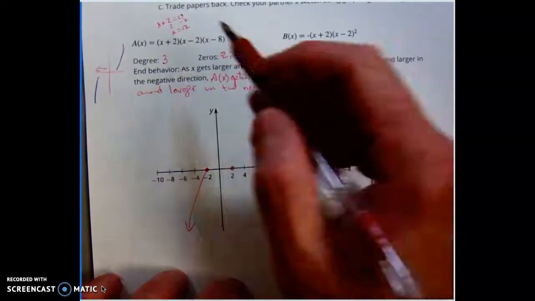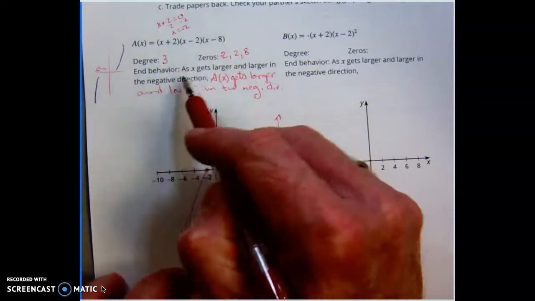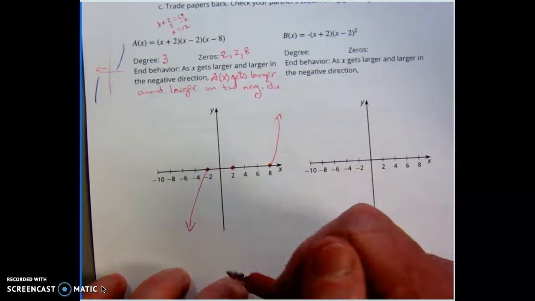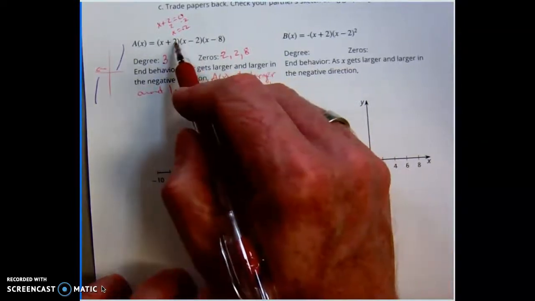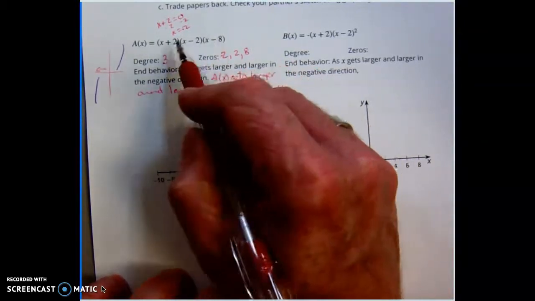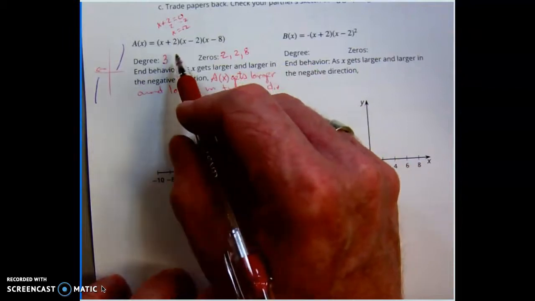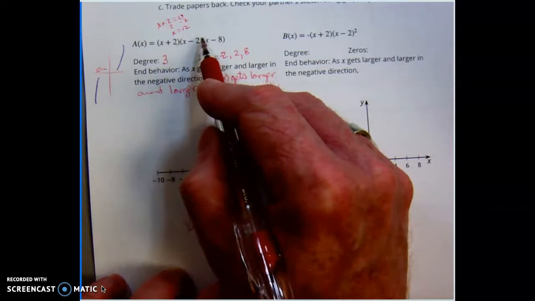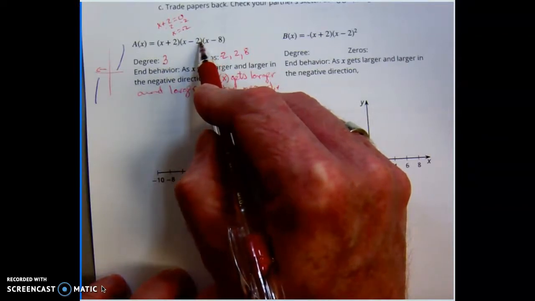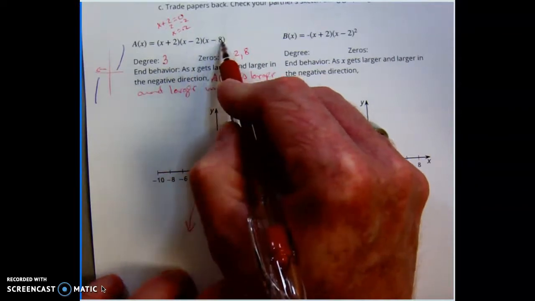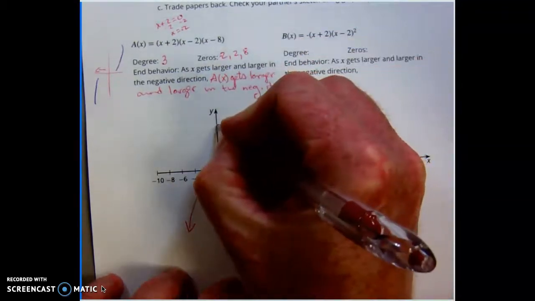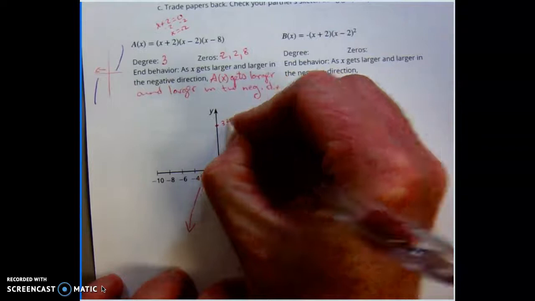Now one thing that this doesn't exactly get into is where it crosses the y-axis. Well, we know that's our constant. So if I multiply the last number in each of the factors together, I'm going to get my constant. So positive 2 times negative 2 is negative 4, times negative 8 is positive 32. So I know that's going to hit at 32.